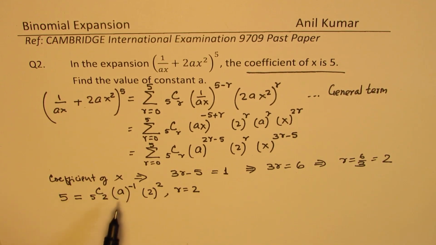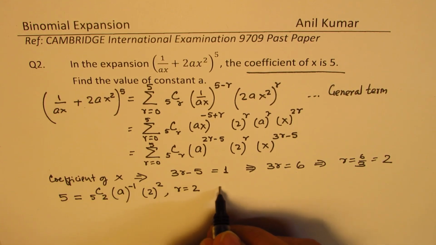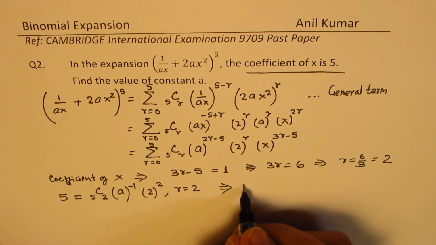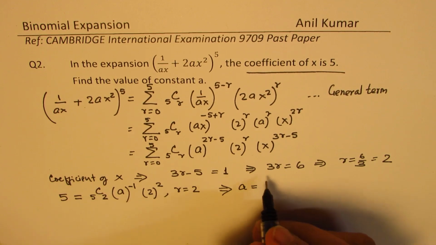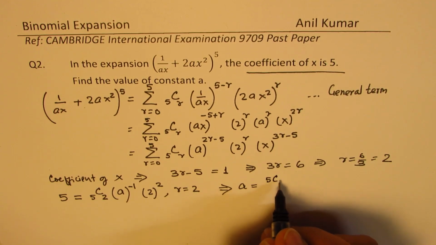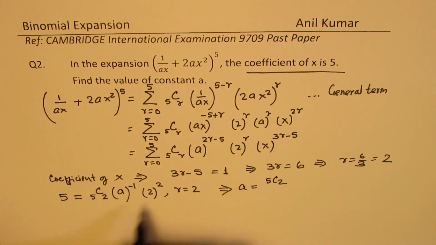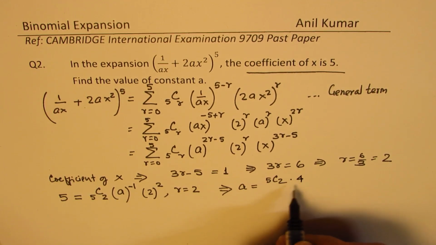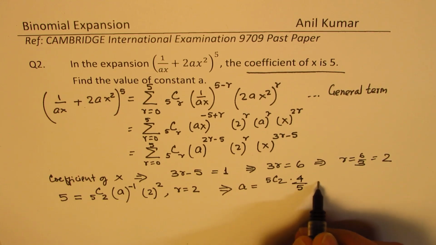Now we need to find what a is. So that means, this is 1 over a, so the value of a will be equal to 5c2, so a goes this side, times 2 square is 4, times 4 over 5. That is what a is.